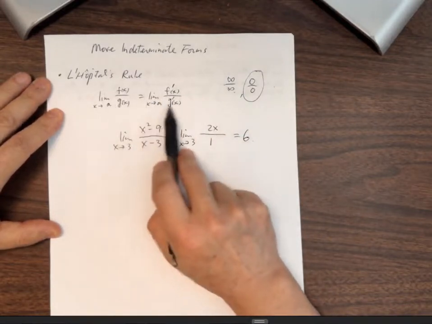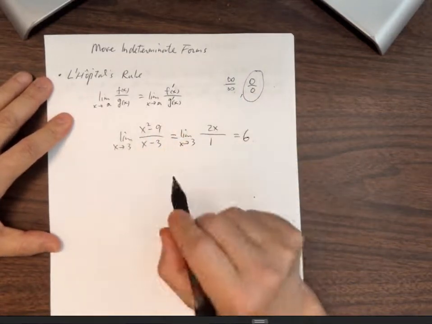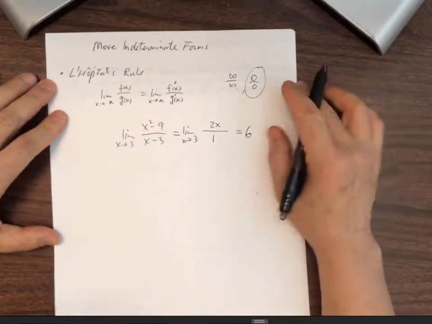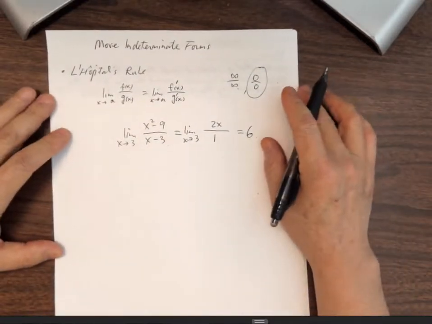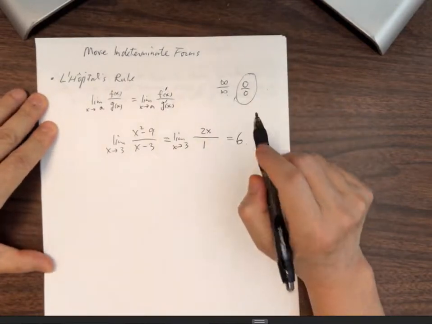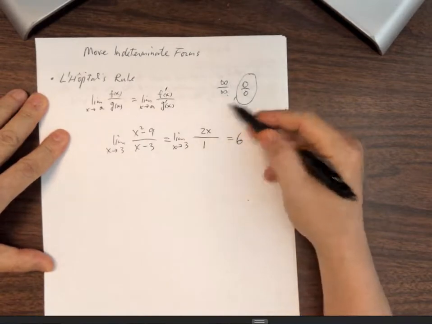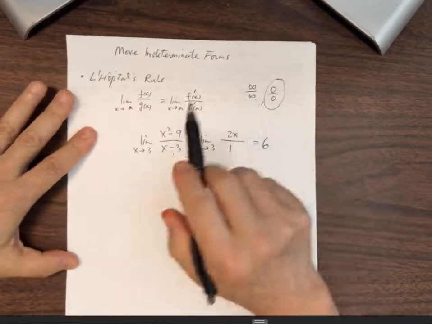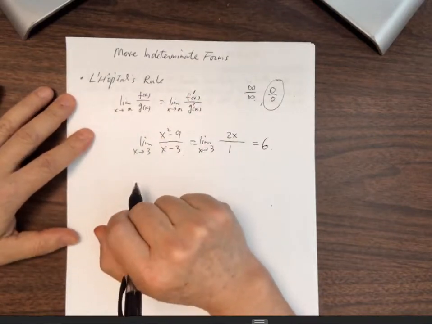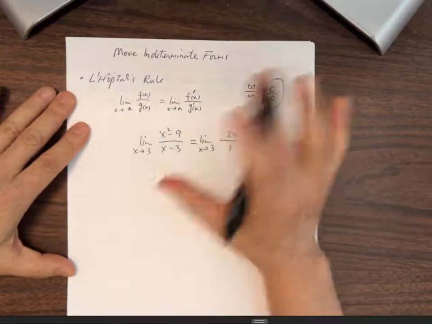So this is a rule we apply to evaluate the limit. It's not the quotient rule for differentiation, a totally different operation. Anyway, this is a quick review of L'Hopital's rule for indeterminate forms like this or this. So basically fractions. But what we want to do in this video is to see how to evaluate other indeterminate forms.